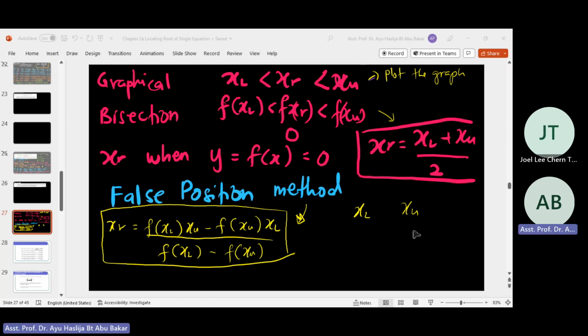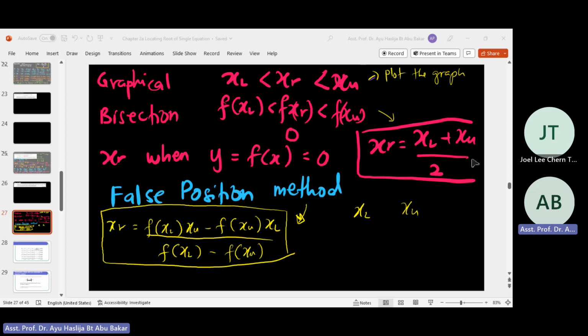Okay, next one is this. This one gives you a straightforward equation. Range XL, XU. Stop at the fifth iteration. Here it gives you until the fifth iteration.